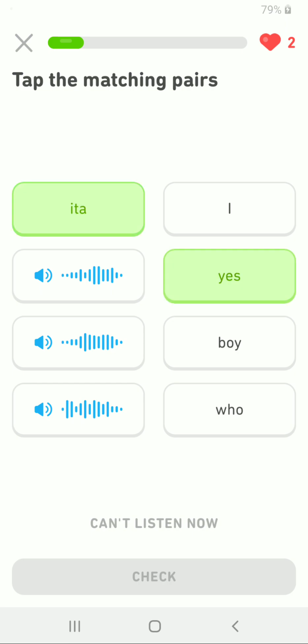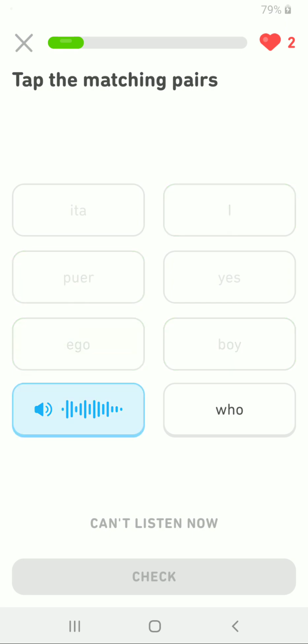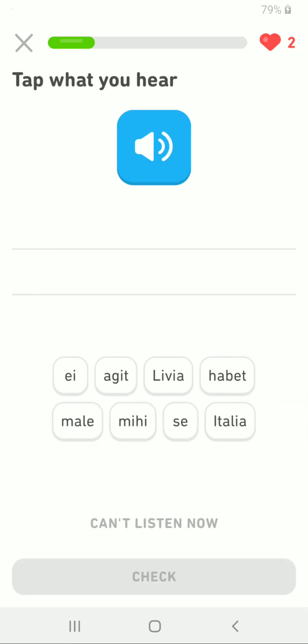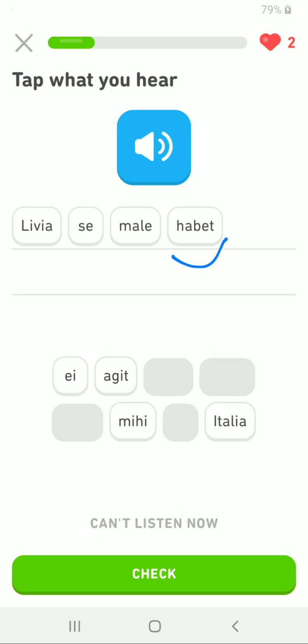Ita is yes. Puer. Ego is I. Quis is who. So nothing difficult. Livia semper habet. Habet, remember habeo, habes, and habet.